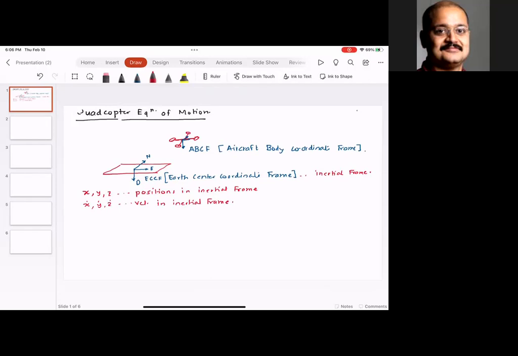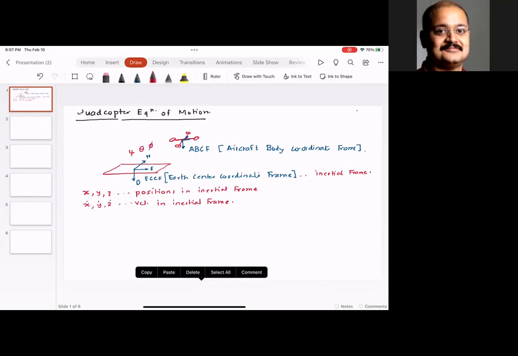Now, this Earth center, Earth fixed frame and the aircraft body coordinate frame are related by three successive rotations. The first rotation is, actually, yaw. Then you have pitch, and then you have roll.